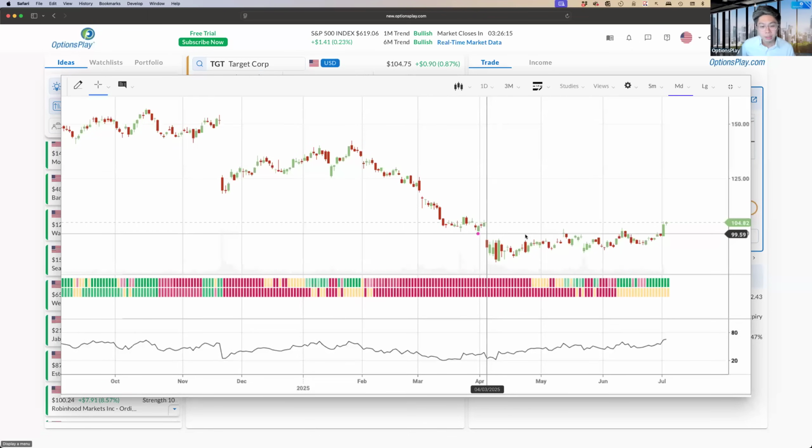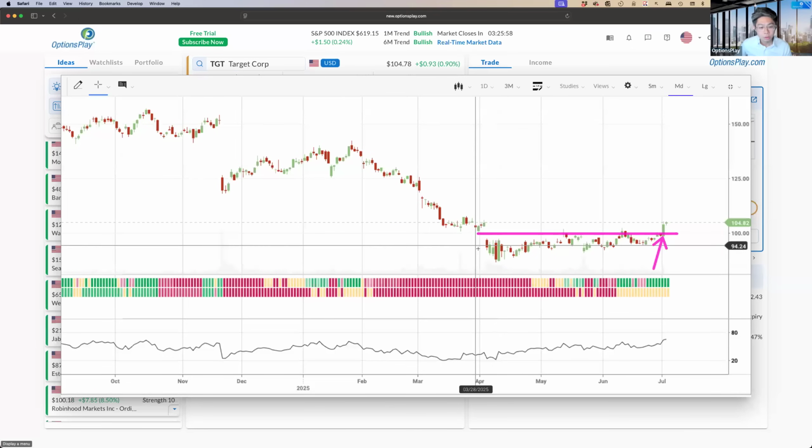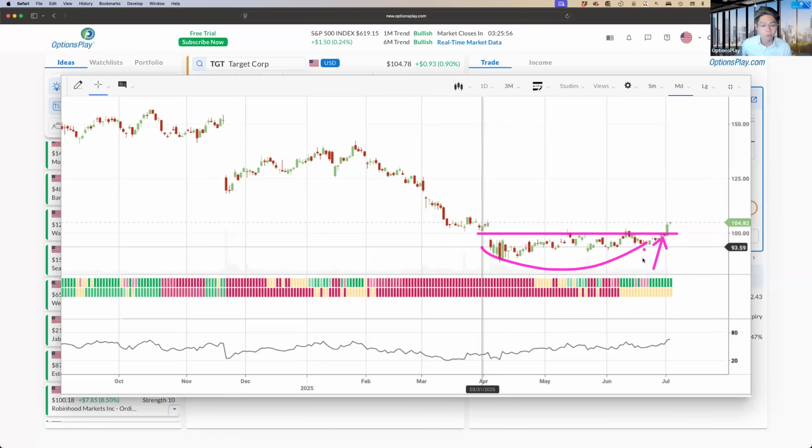Now, we didn't enter it at the time because Target's fundamentals were not compelling, as the revenue growth wasn't there. But we recently saw that breakout above the $100 level, and we decided that now was the time to confirm that this counter trend reversal was true and did hold, and we're taking a more conservative entry on this trade.